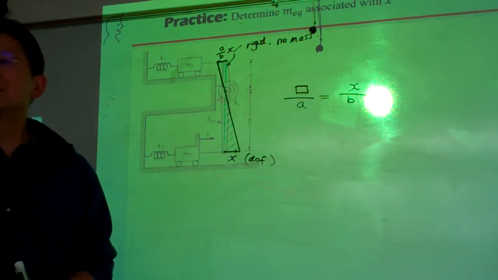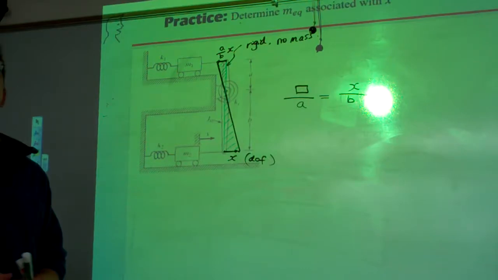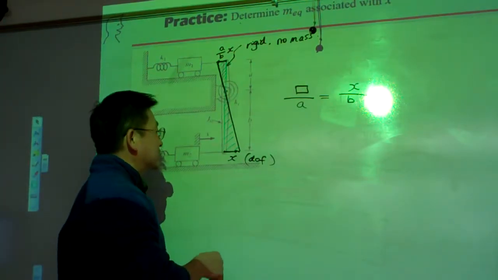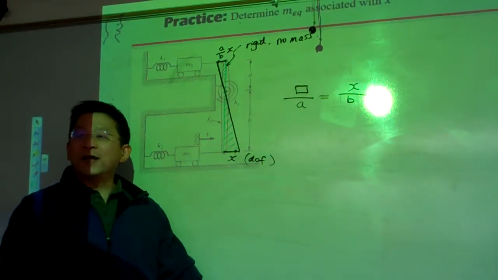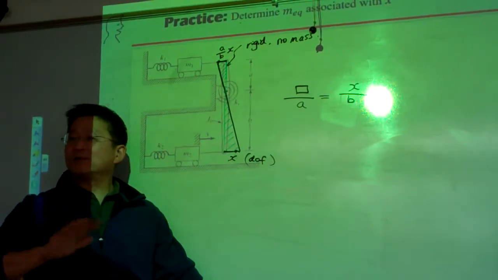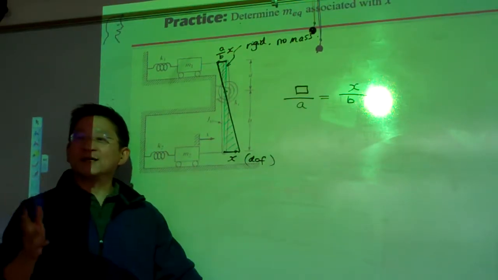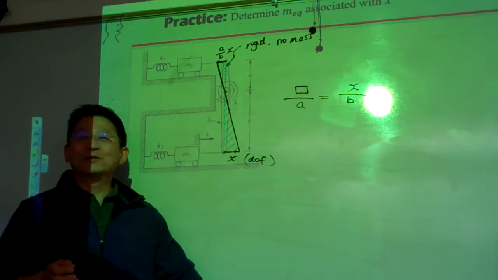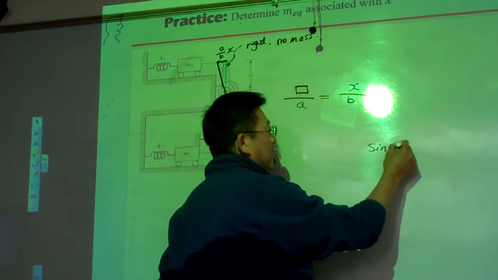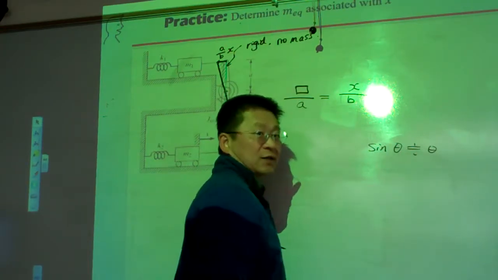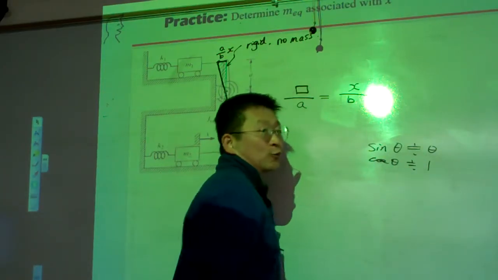So we're just assuming that there's no vertical movement of the lever. Yes, that's a very good question. Another assumption, in addition to assuming that everything is linear, is that we also assume small oscillations. Small oscillation means that if we have sine theta, it can be approximated by theta, and if we have cosine theta, it can be approximated as equal to 1.